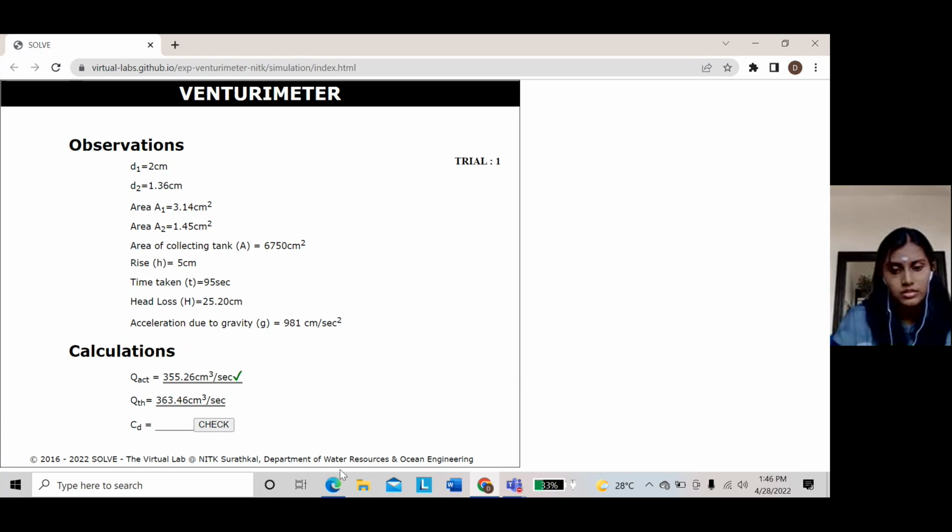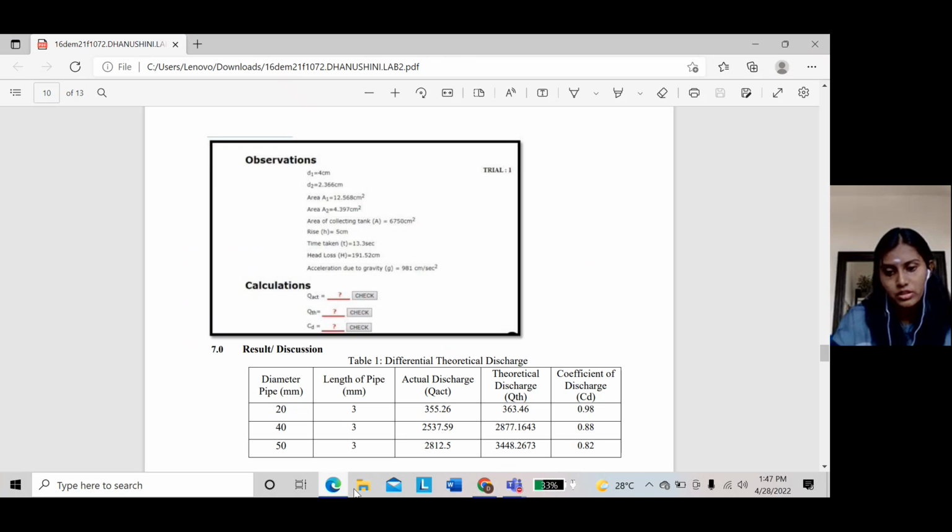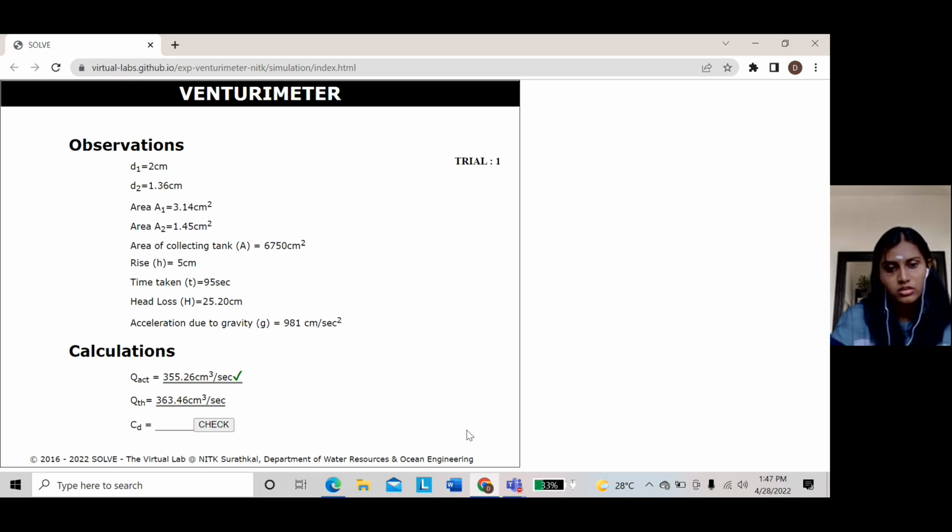Okay, now let's get the coefficient of discharge. Coefficient of discharge is actual discharge divided by theoretical discharge. 355.26 divided by 363.46, I get 0.98.